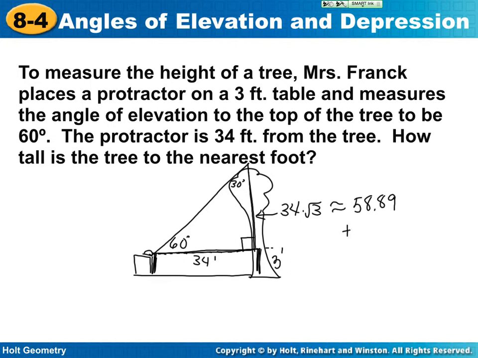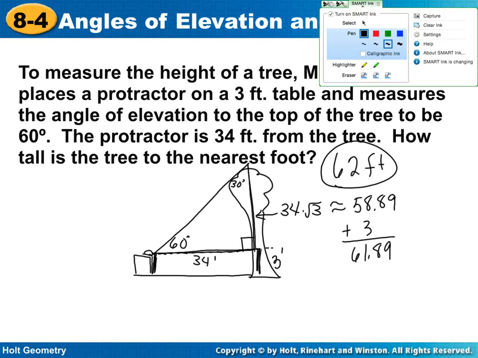So add on 3 more feet. So the tree is more like 61.89 to the nearest foot. That would be 62 feet. So on that one, the idea is you're not at ground level, you're up a ways. So add that on or think about that to finish that problem.